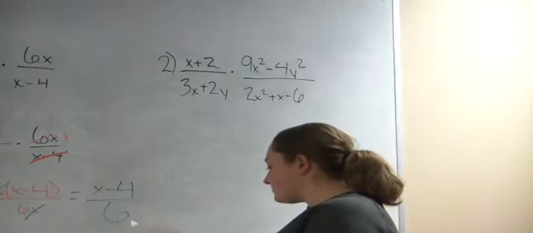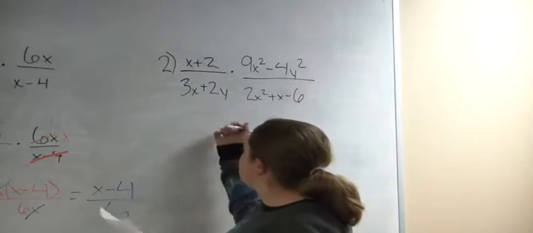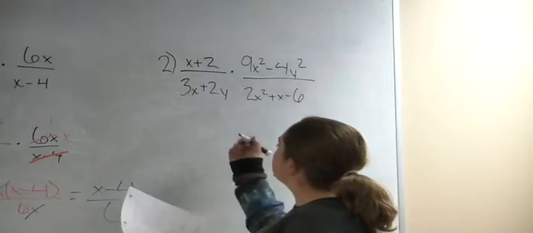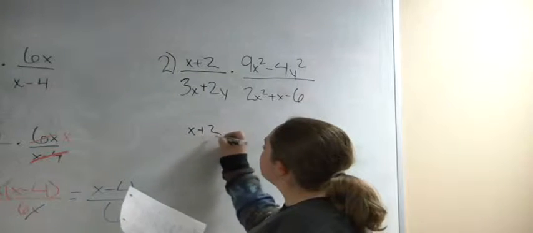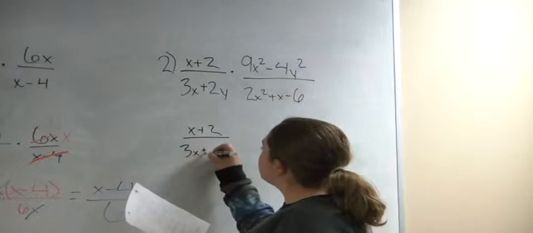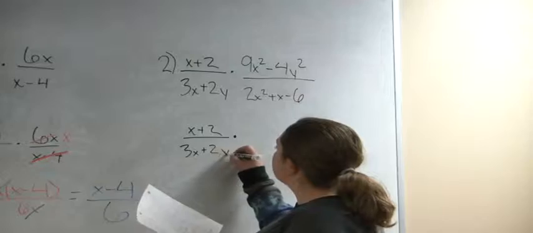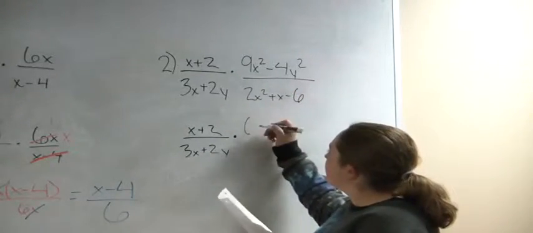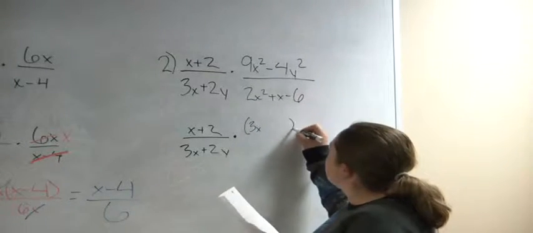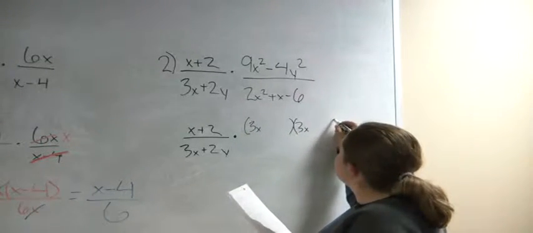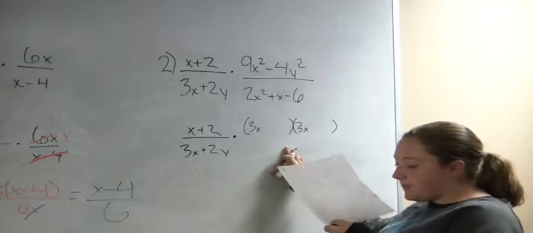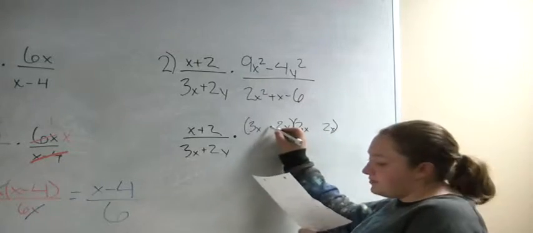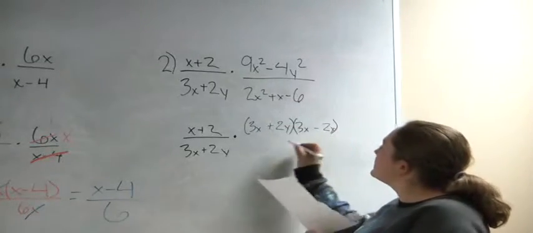still factor. So, the next step, since they're already in standard form and there's no negatives, again, we can skip down to that third step. So, we have x plus 2 over 3x plus 2y times, now we can factor this into 3x and 3x, and both of those are going to be 2y and 2y, and then we have a plus and a minus.